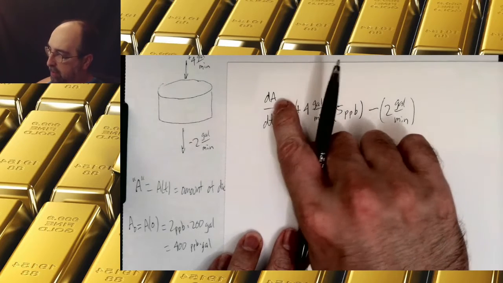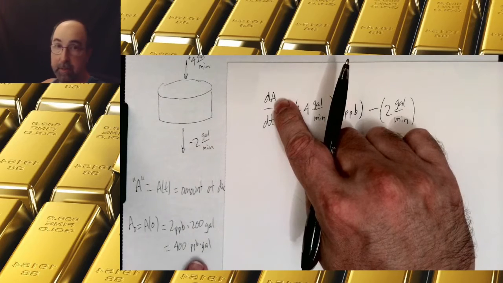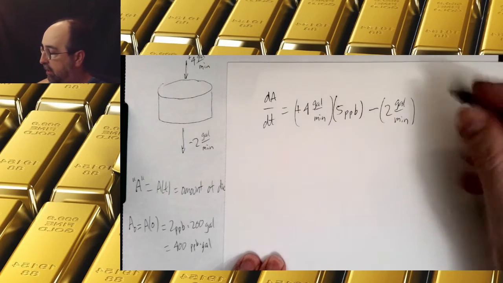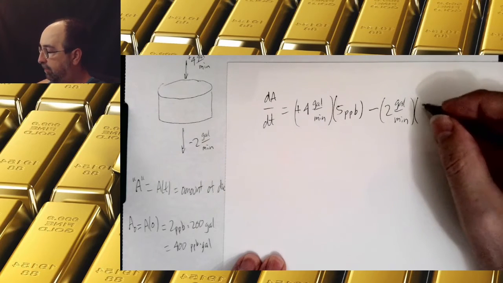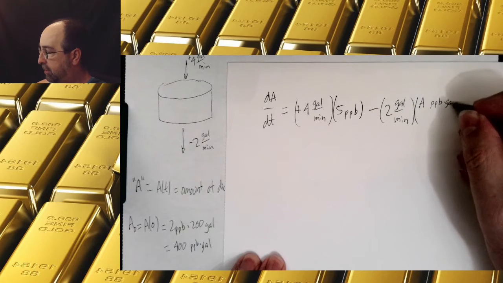So the A is going to stand for how much dioxin is in the tank. And as I was saying a moment ago, we're going to be keeping track of that amount of dioxin in these crazy units, parts per billion times gallons. So what I'll do is I'll try to convert A into parts per billion.